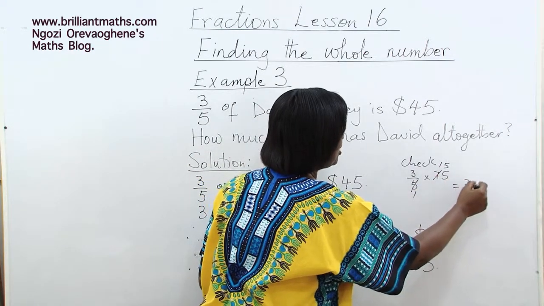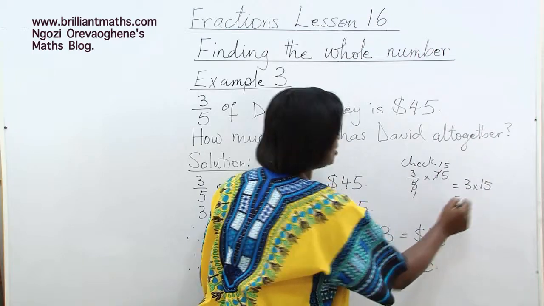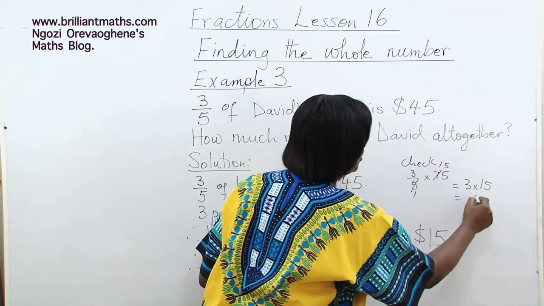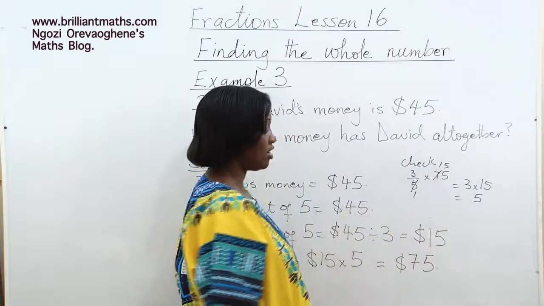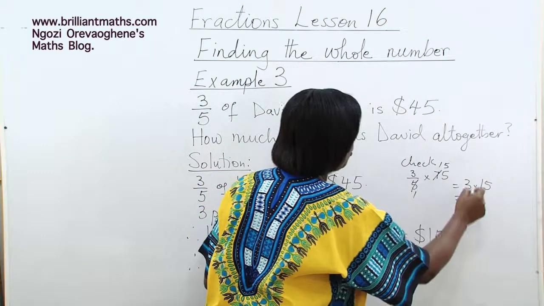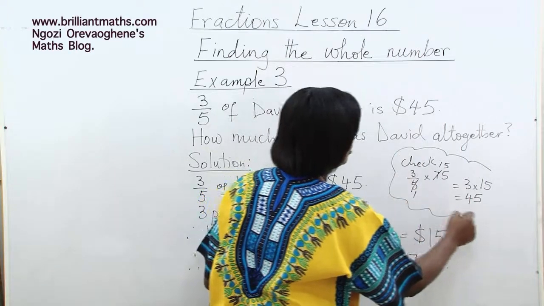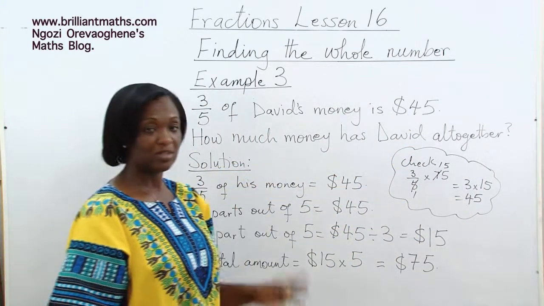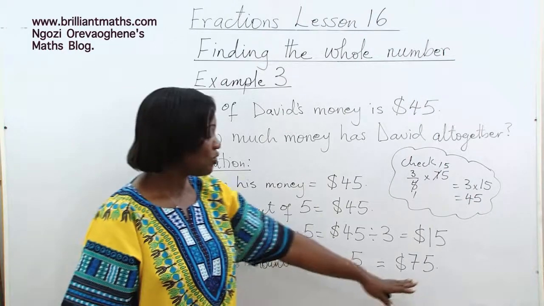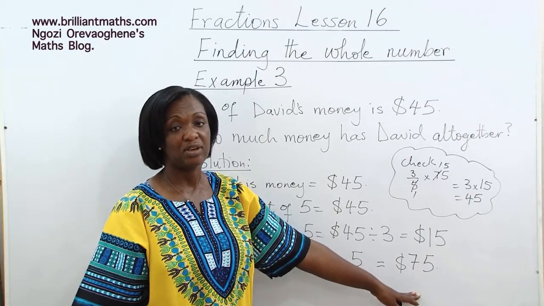So if we have 3 times 15, 3 times 5 is 15, carry 1, 3 times 1 is 3, plus 1 is 4. And that is equal to $45. So that tells us that our answer, which is $75, is correct.